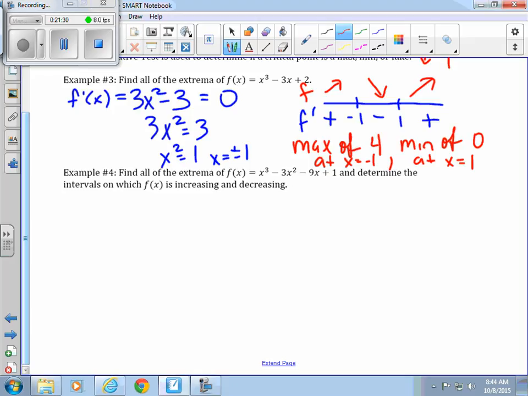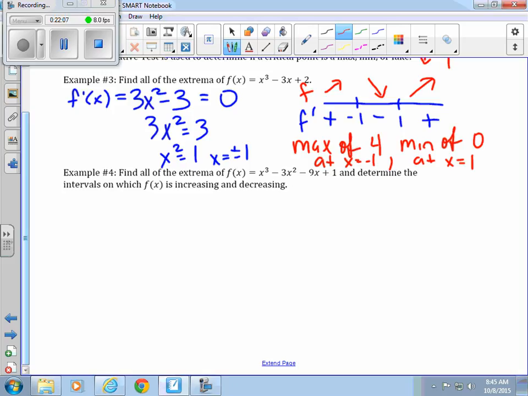Find all extrema of this next one, and determine on which intervals f of x is increasing and decreasing. Pretty much on the last problem, did I do all that? So nothing really new on this problem. I do want to mention, on AP justification, which we will do one so you see what it looks like, if the AP exam says justify, they will not grade a sign chart for justification.